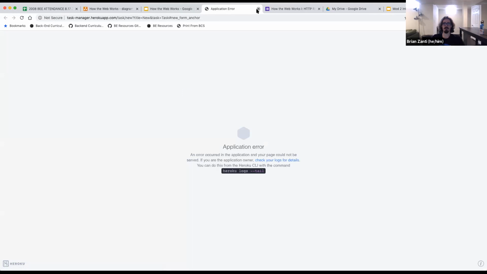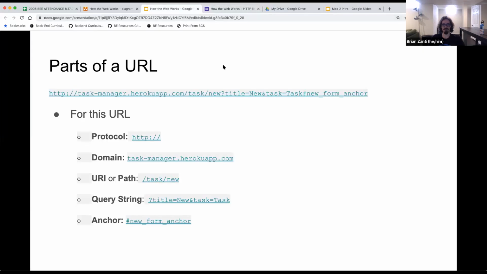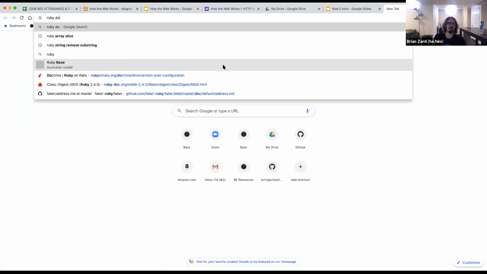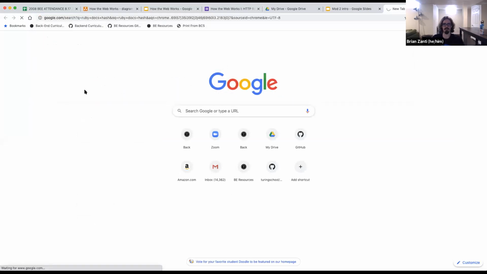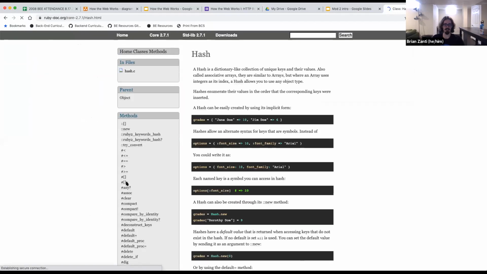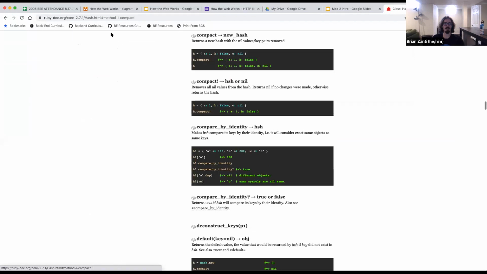This is not going to work exactly. I think there's a good example if I try to look up the hash documentation. If I go to the Ruby docs here and I just click on any method, it'll put that in the URL. So you'll see it'll actually put a hash in here and anchor you to that specific part.